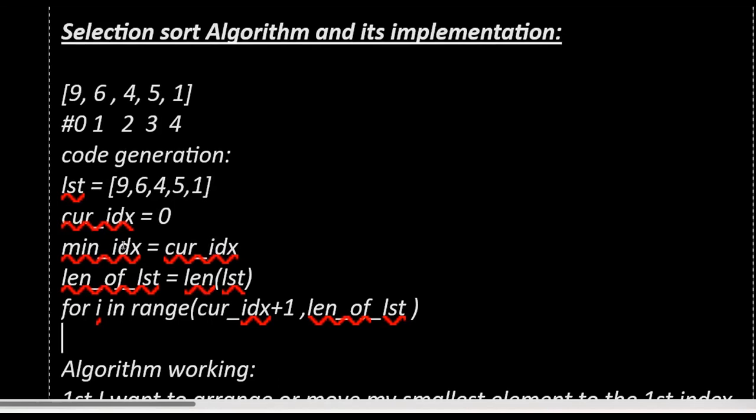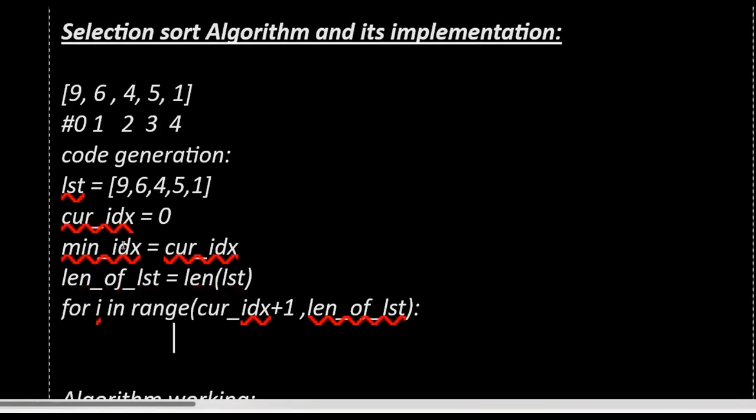So now we are moving from the immediately next element of the current index, that is 1, till the end, that is till 5.